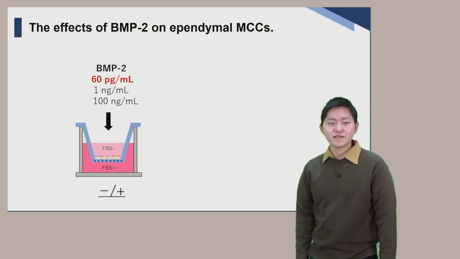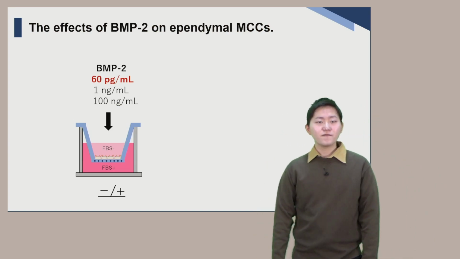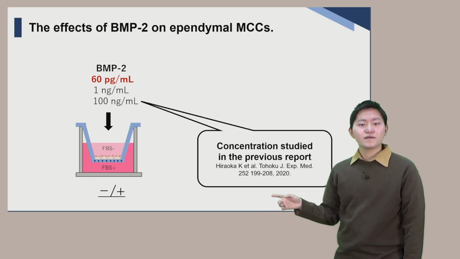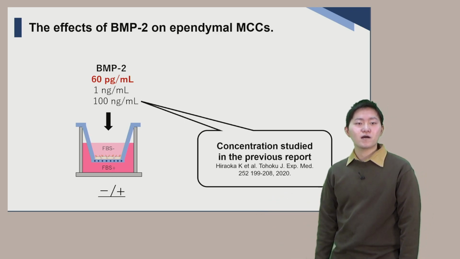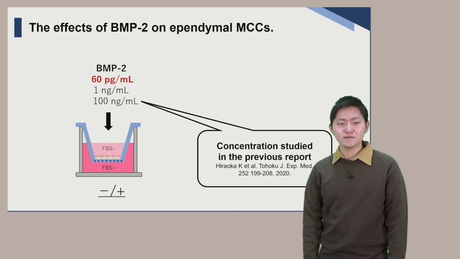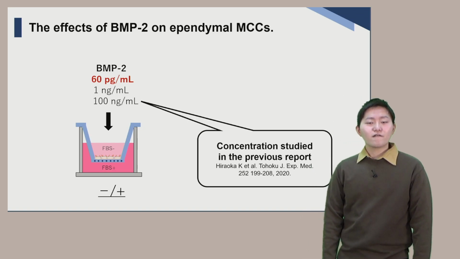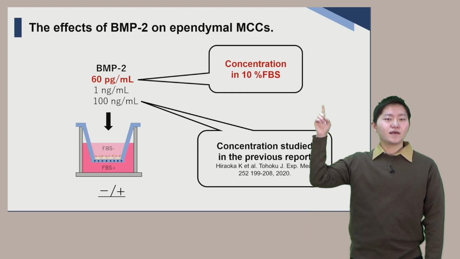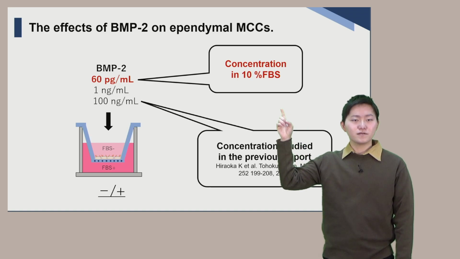In a previous study, it was reported that 50 to 100 nanograms per milliliter of BMP2 inhibited the differentiation into ependymal MCCs in non-polarized conditions. However, the concentration in 10% FBS is about 60 picograms per milliliter.